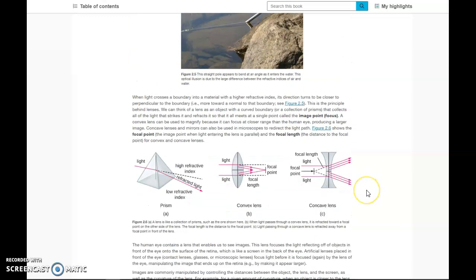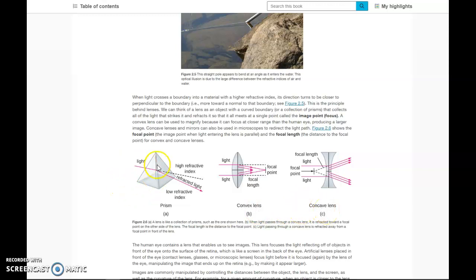So we have to be careful when we're looking at living organisms, or at preserved organisms through the microscope, because we want to reduce this refraction as much as possible. In this next series of images, we've got a prism, a convex lens, and a concave lens.